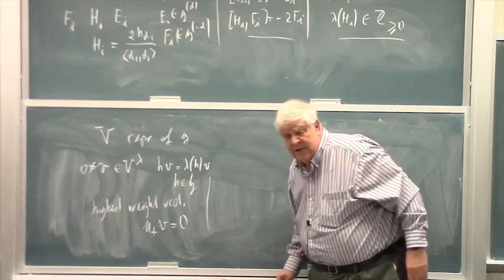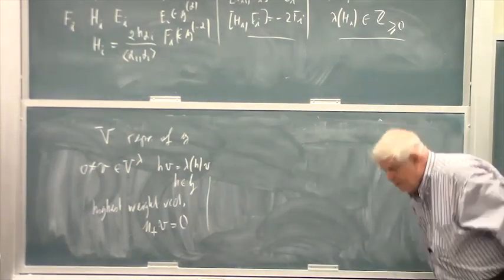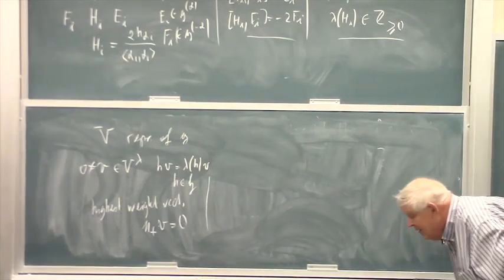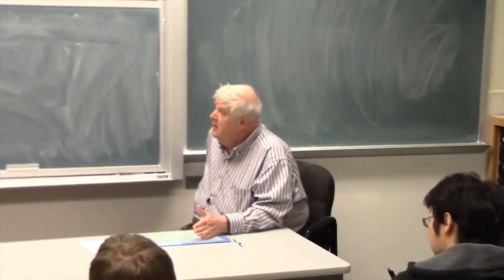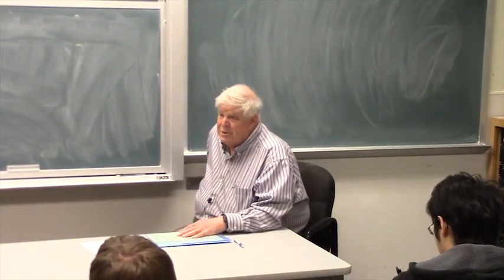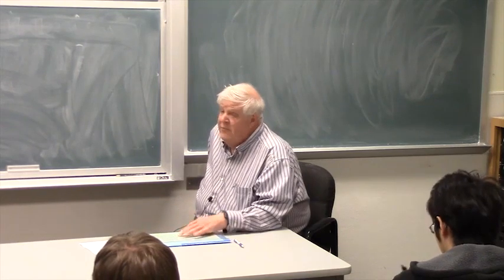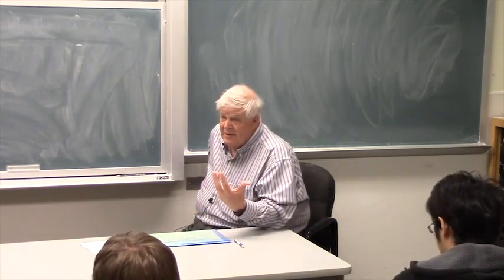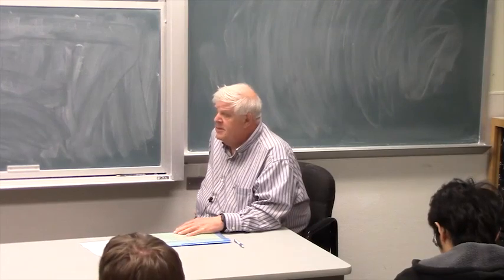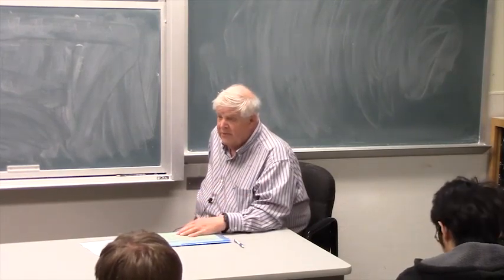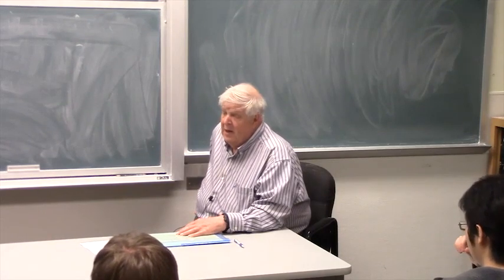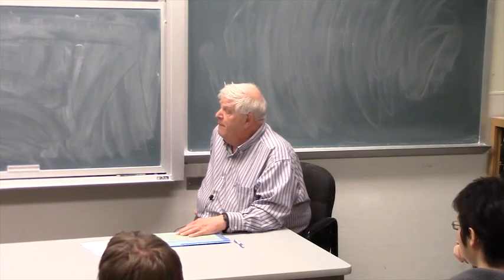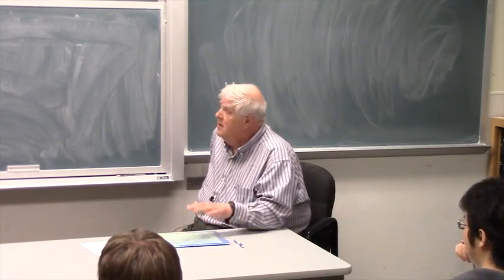And then the facts which I don't want to write on the board, we discussed it several times, at least two times. First of all, if V is irreducible and finite dimensional, then there exists, up to a constant factor, precisely one highest weight vector. This is one thing. It can be extended.